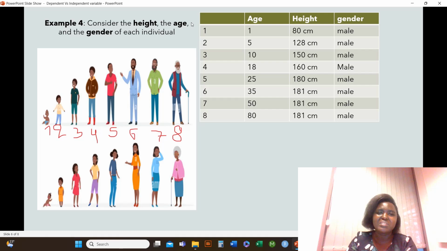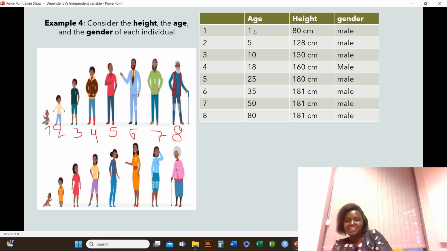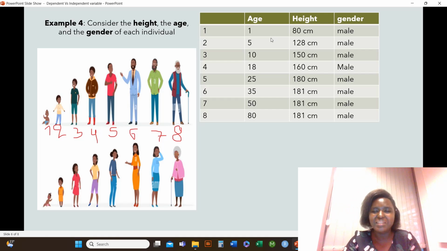So if we are interested in the age of these individuals and go one by one asking how old they are, maybe the smallest one will say, I am 1 year old. A 1-year-old baby cannot talk, but maybe her mom or his dad will say that she or he is 1 year old.